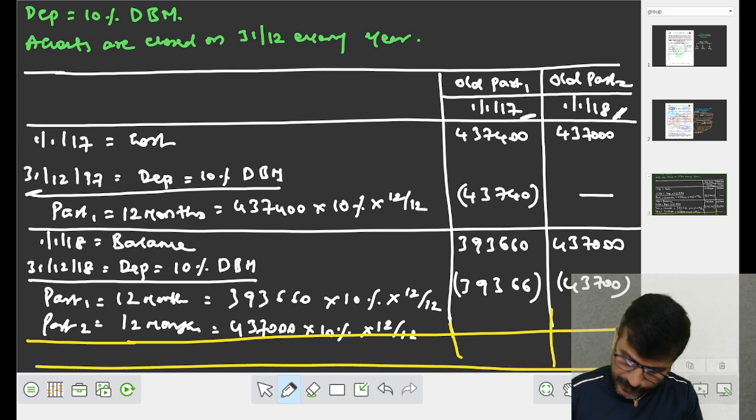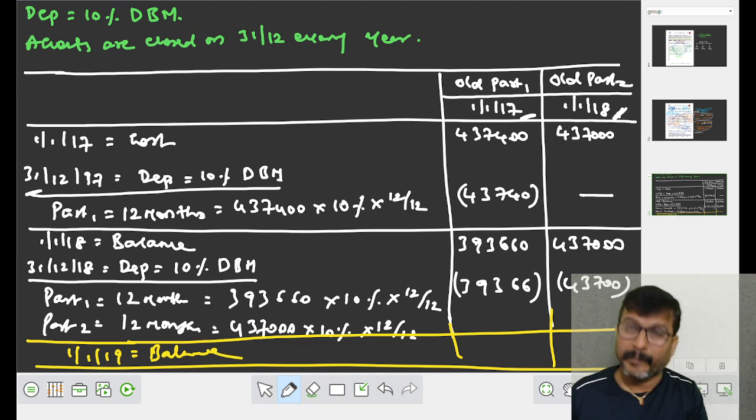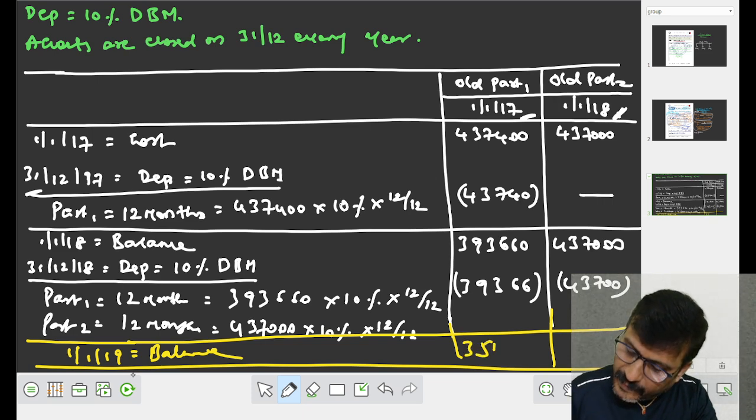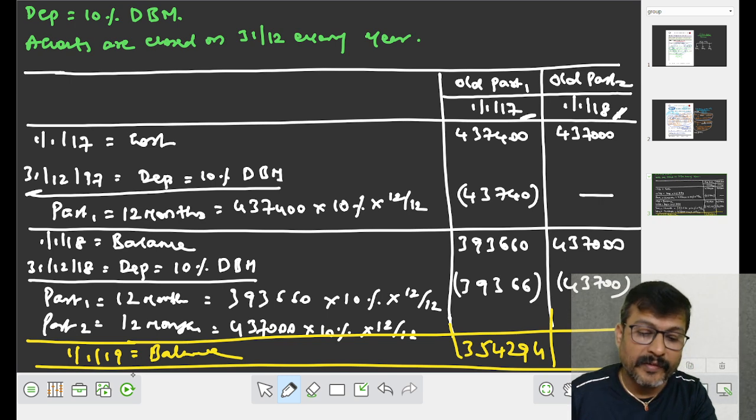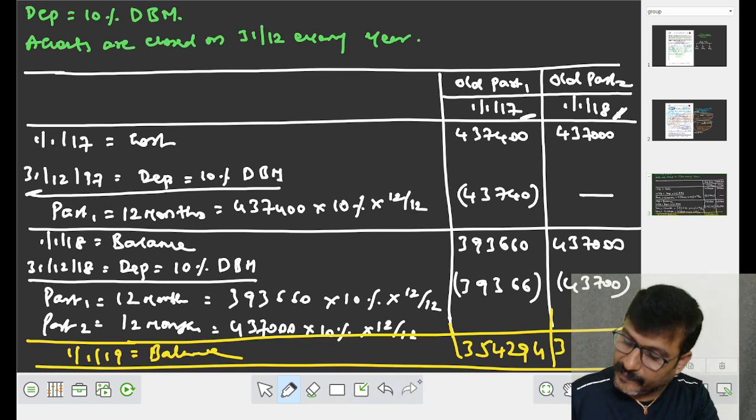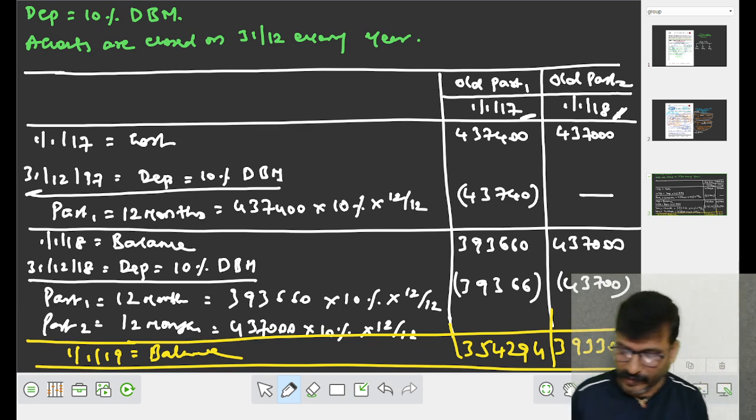Balance on when? 1st January 19. How much are we getting as balance? The balance is 3,54,294. It comes to rupees 3,93,300.